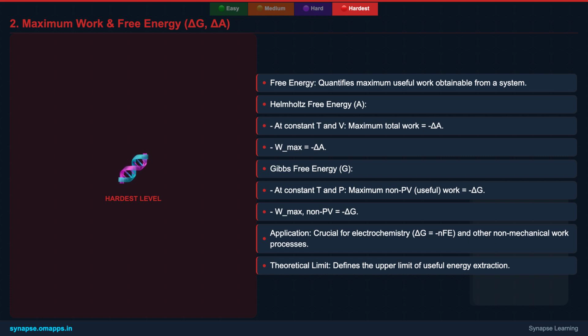These free energies provide a powerful criterion for spontaneity and represent the theoretical upper limit of useful work that can be extracted from a process under specified conditions, crucial for designing efficient systems.